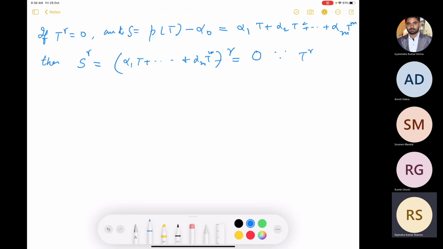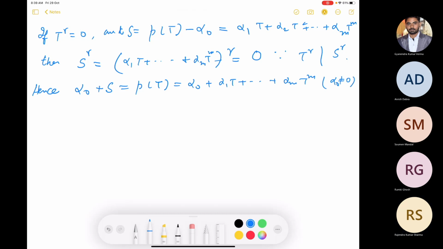So S is nilpotent, and by the observation that we have just now made, alpha naught plus S, which is p(T), alpha naught plus alpha 1 T plus so on alpha m T^m, where we have assumed that alpha naught is not 0, is invertible.